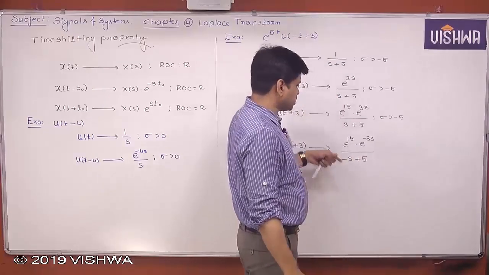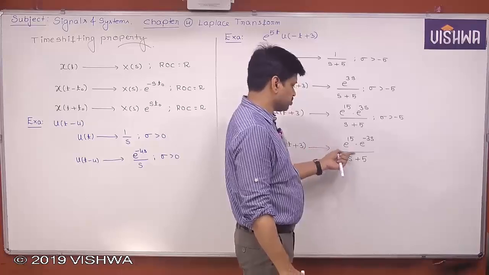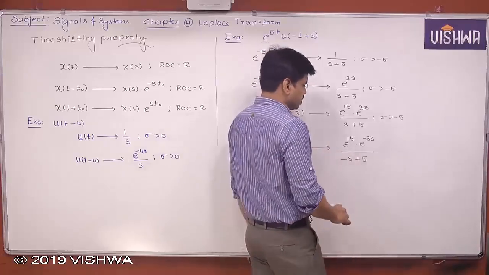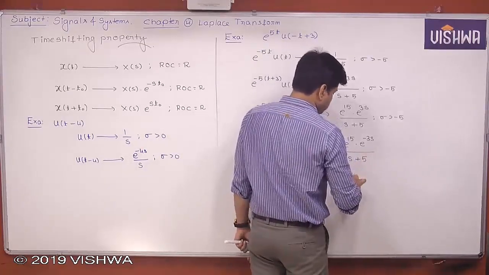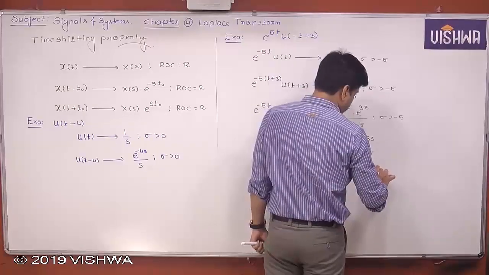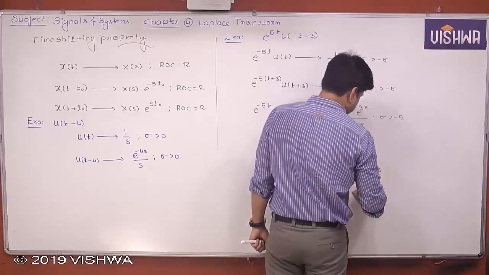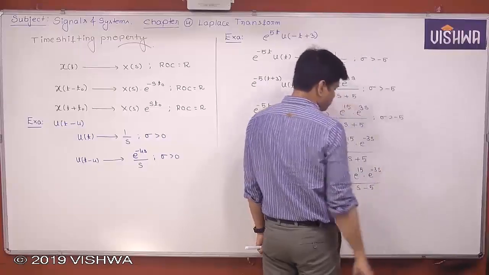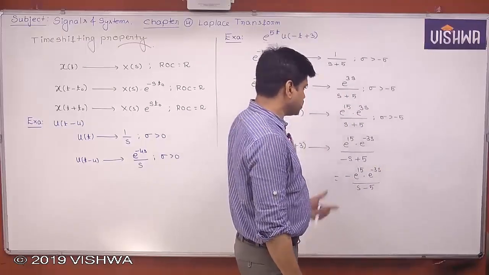I can take this minus into the numerator, so s-5; better to write it: -e^(15) e^(-3s)/(s-5).